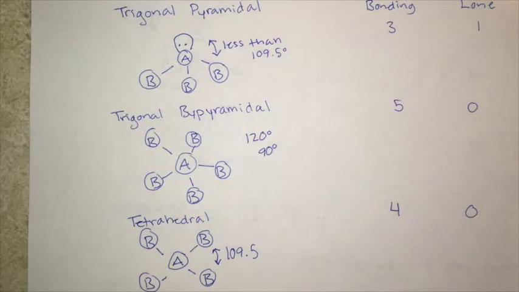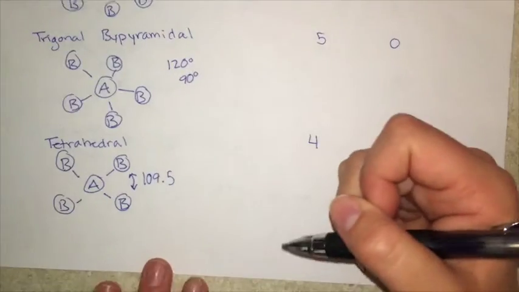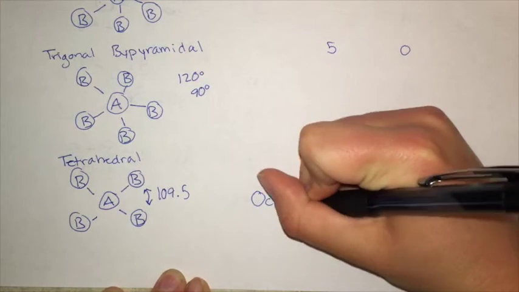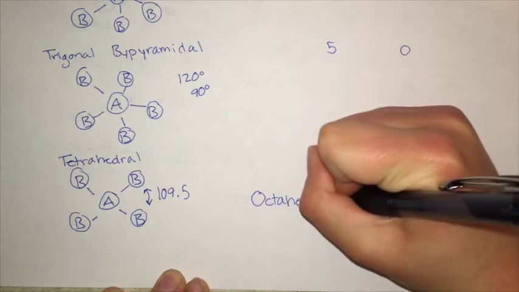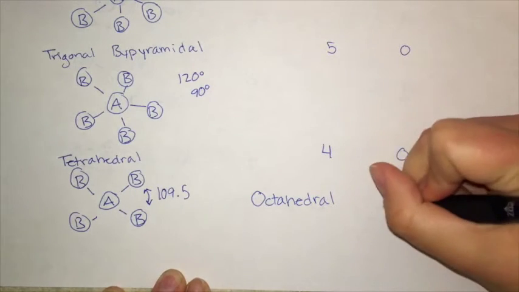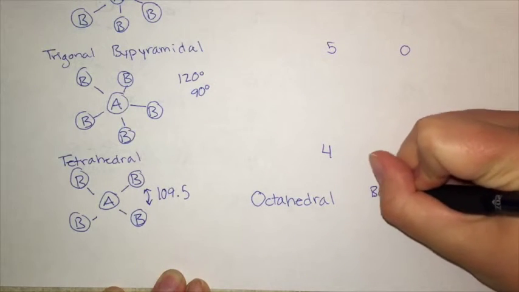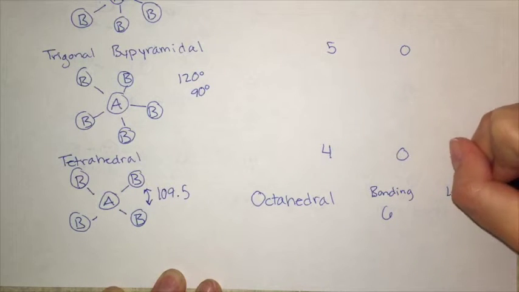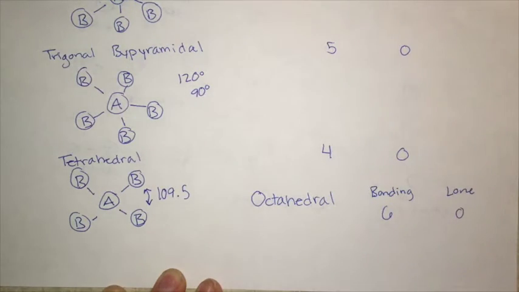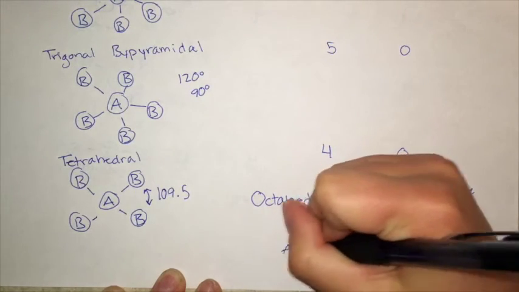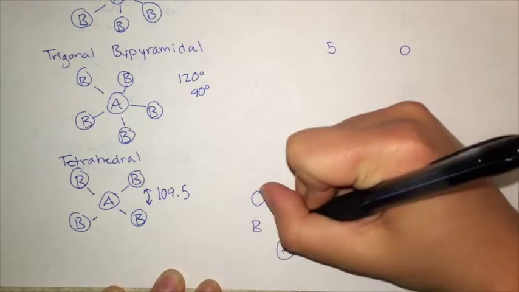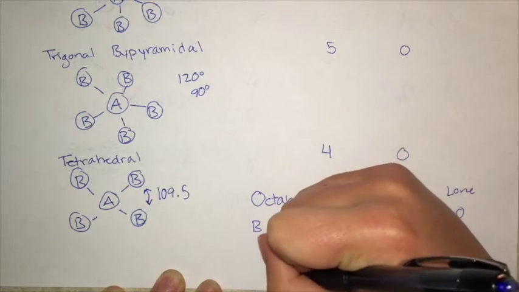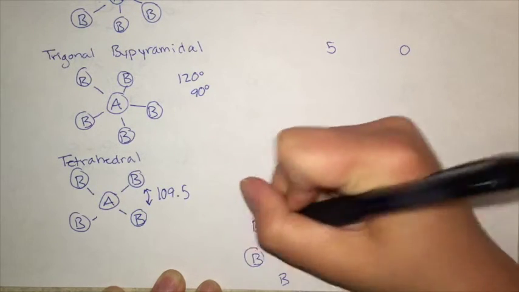So the last one we have here, I'm just going to write it over here so I have more room, is an octahedral. This is going to have 6 bonding pairs and 0 lone pairs. So it's going to look like this. 1, 2, 3, 4, 5, 6.